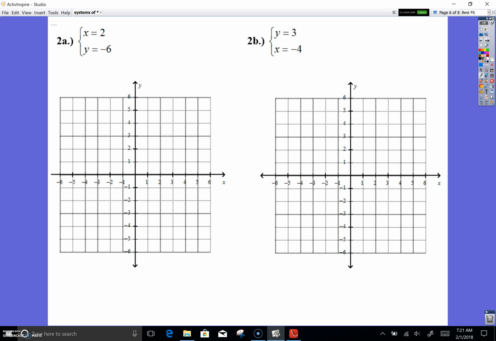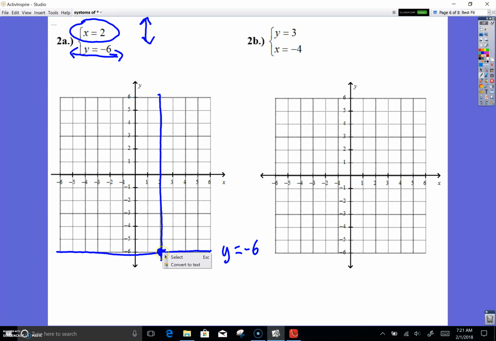Okay, x equals 2, y equals negative 6. Here you can graph it on the calculator, but what you should know is anytime you have an x equals line, it is a vertical line. Anytime you have a y equals with no x, it's a horizontal line. So x equals 2 looks like this. Y equals negative 6 looks like this, and it's that point right there.